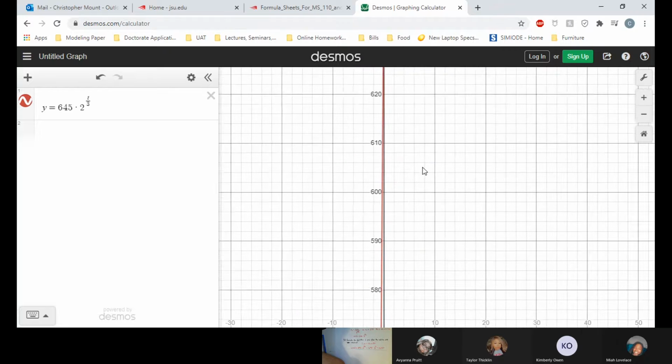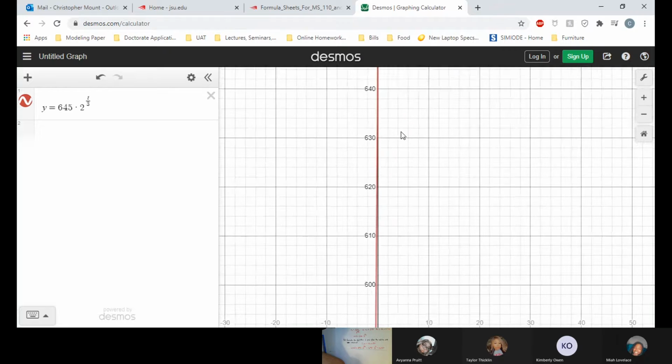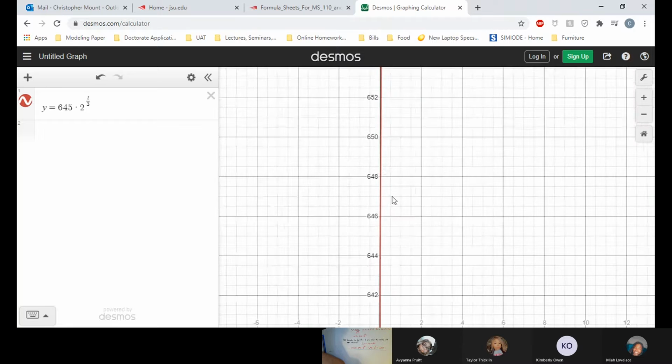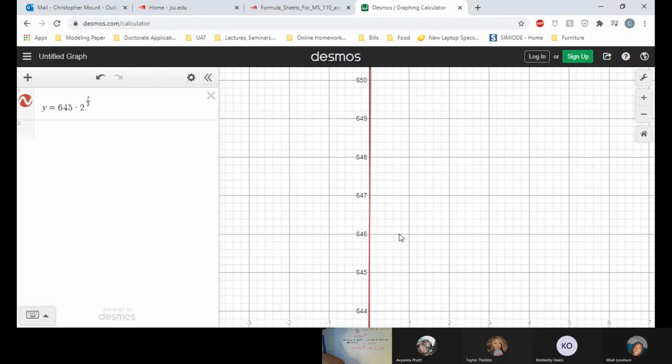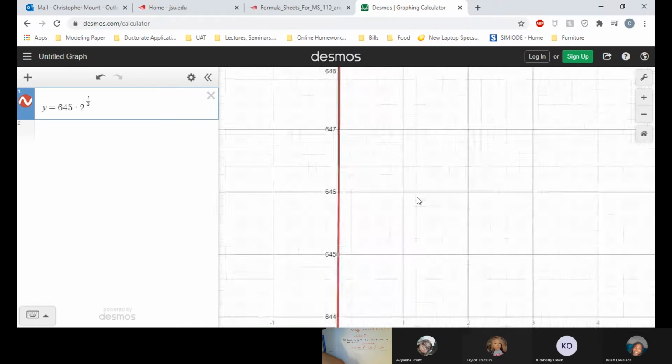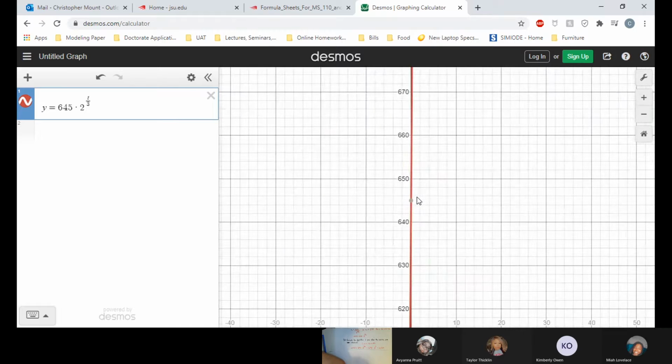That's where it's going to cross into positive time, right around here somewhere. Like I said, the graph is kind of meaningless. Look, there's that initial value, time 0, population 645. And then look how fast it explodes. If I zoom out, it almost looks like a vertical line. You can kind of tell it's not vertical up here, but it's kind of meaningless.